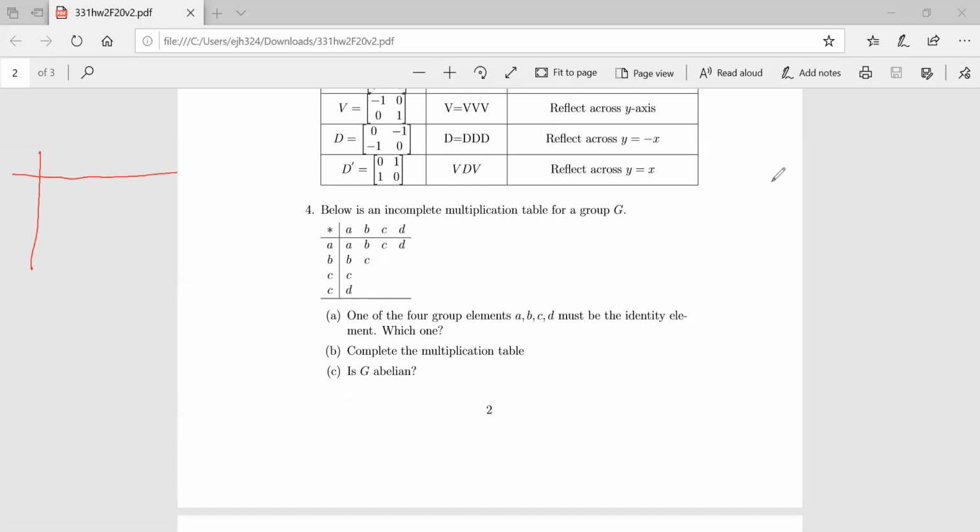So there are only 2 groups that are of order 4. Klein 4, which can be represented as Z2 cross Z2. It's going to be isomorphic to that. And 1, 1.